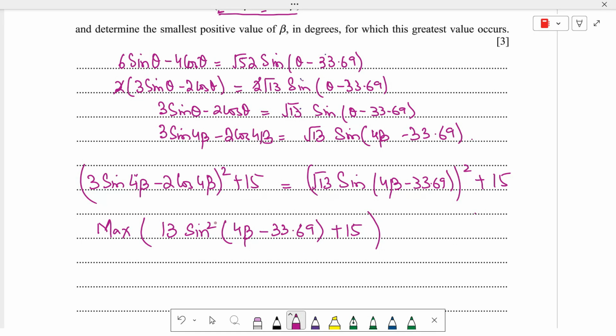So the maximum value of this expression can be achieved if we find the maximum value of the function. If we find the maximum value of sine, we can find the maximum value of this expression. So the sine of x is less than or equal to 1 and greater than or equal to -1. So sine square will have a maximum value of 1 and a minimum of 0.